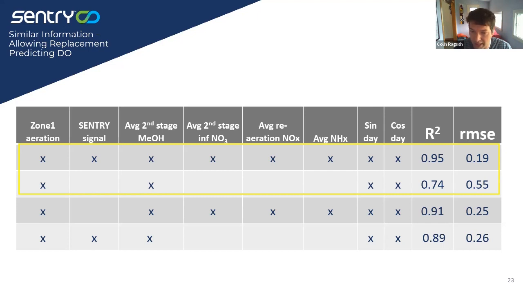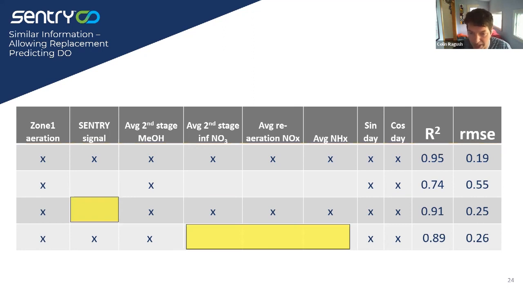So quite strong. The second one below is what happens when you take sensor data out. So that's taking Sentry signal out, nitrate out, and ammonia out. And you see that it falls quite a bit. So that does suggest that there is merit for adding some form of sensor data to our process.